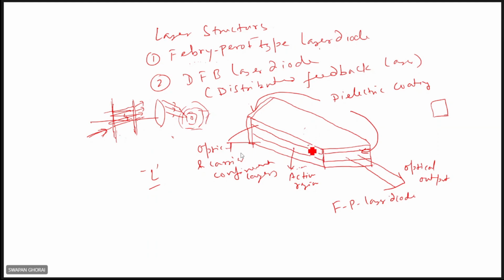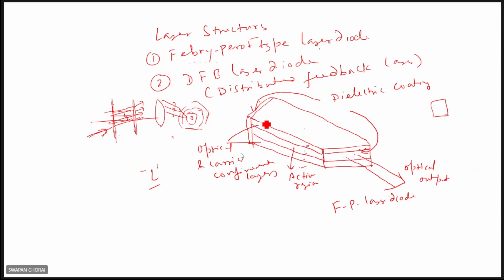These are the DH layers, the light confinement layers, and this is the active region. In the middle layer, light comes out. But the difference from the LED is that here the end surfaces are coated with dielectric materials so that they behave as mirrors, and in that way you get the optical feedback. That is the main difference between the laser structure and the LED structure.